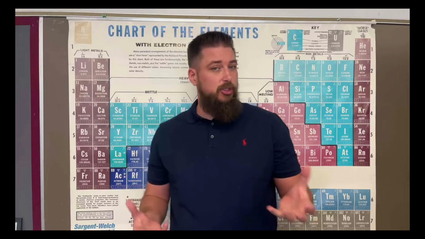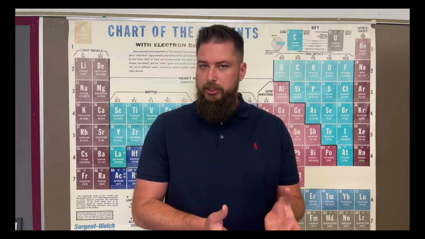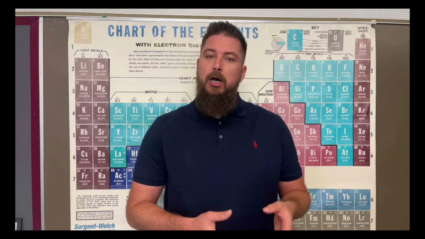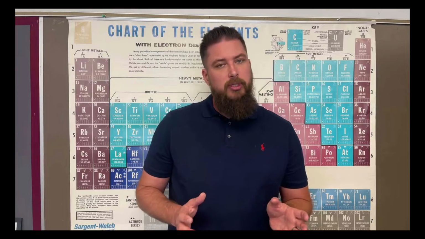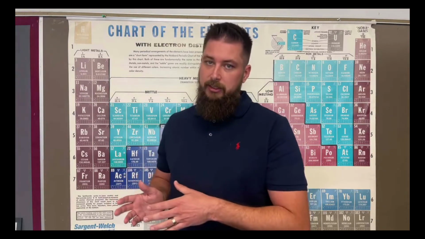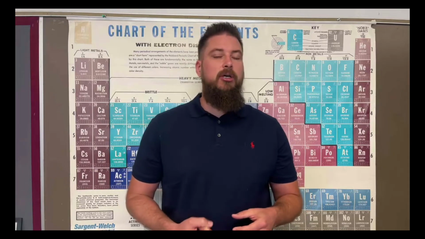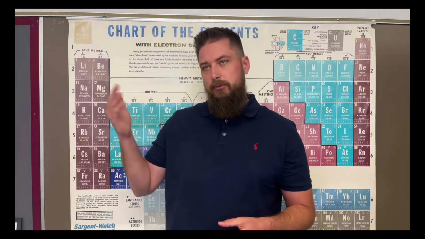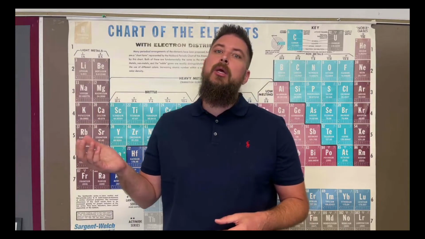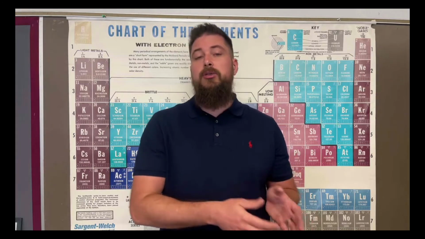But a titration is where you have an unknown concentration of acid, let's say, or an unknown concentration of base. And what you do is you neutralize that acid or base with a known concentration of acid or base. Because we know the concentration of what we're titrating it with, we can then calculate how concentrated the unknown solution is.